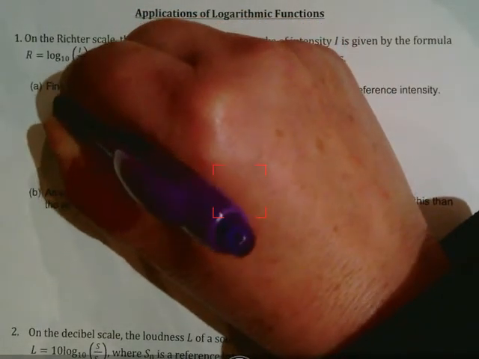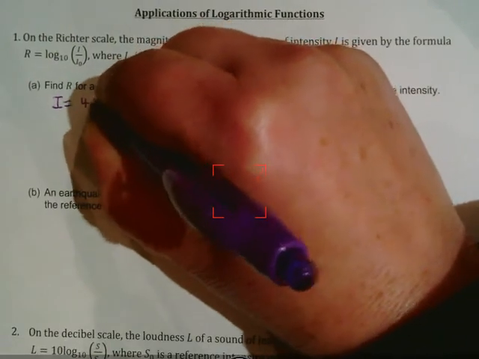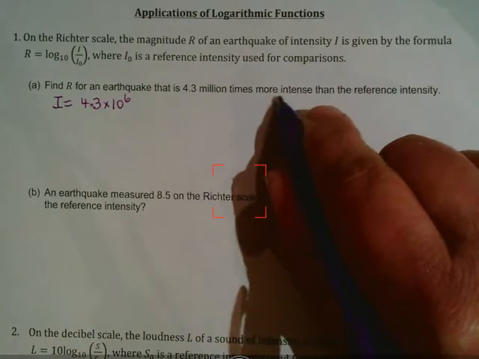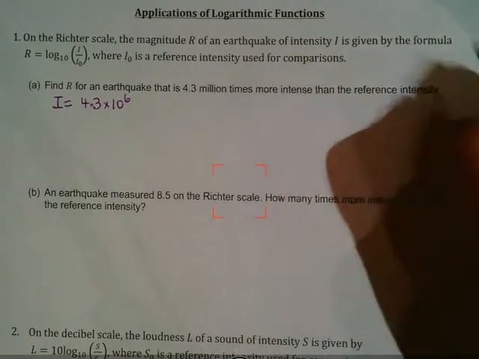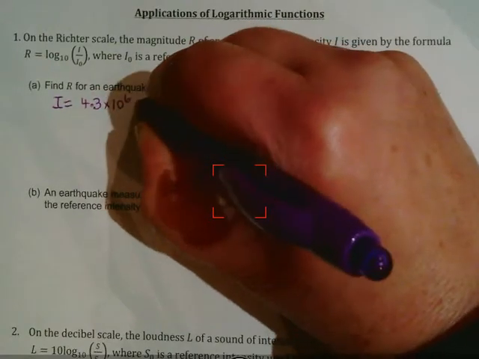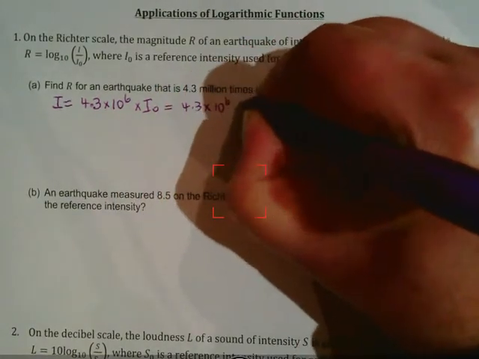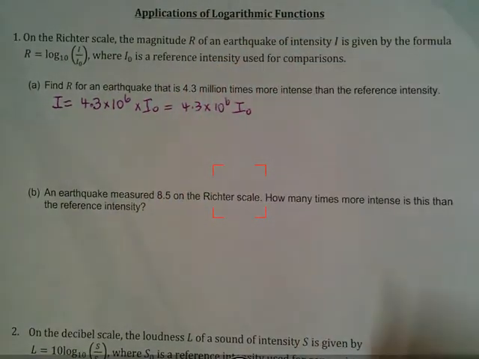So I will be 4.3 million, which is 4.3 times 10 to the power of 6 times more intense than the reference intensity. So that times I sub 0, which is 4.3 times 10 to the power of 6 I sub 0.